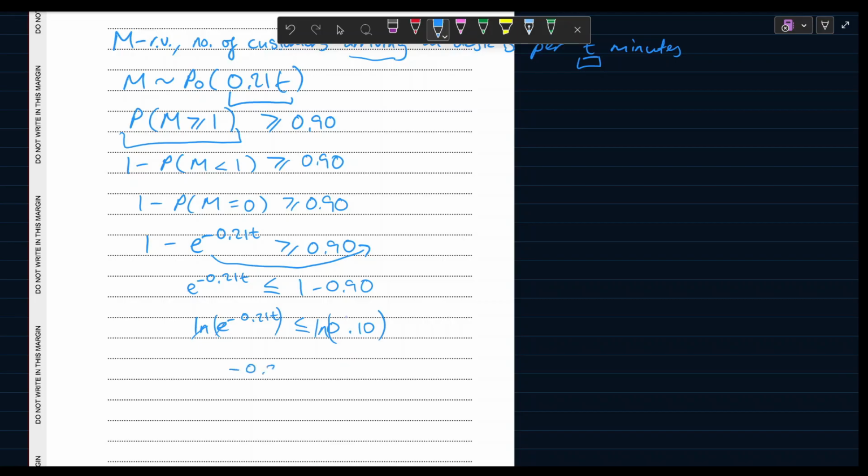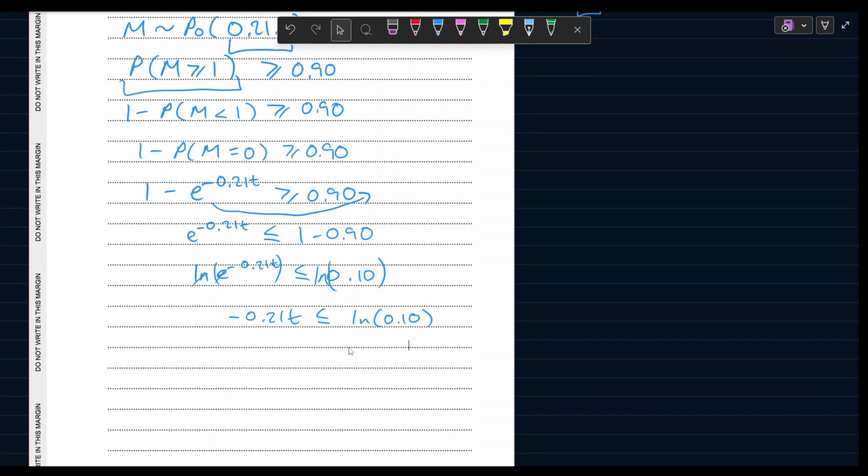You end up with negative 0.21 t is less than or equal to ln 0.10. Then we're going to divide both sides by negative 0.21. If you divide by a negative, then it's going to flip your sign. So t is greater than or equal to ln 0.10 over negative 0.21. This gives us t is greater than or equal to 10.96.